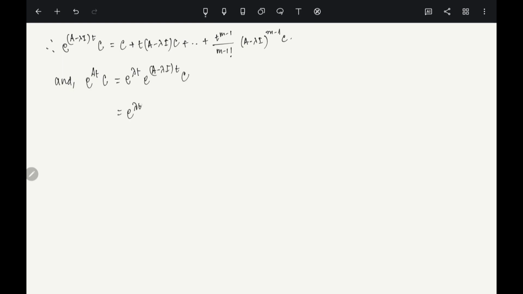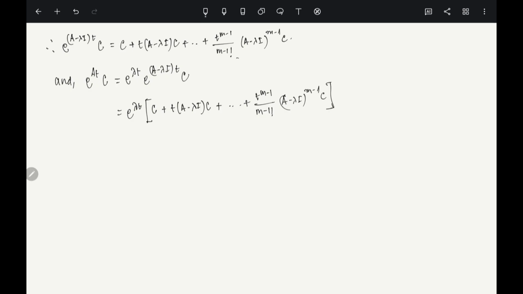It is e power lambda t, and then I have the vector c plus t times (A minus lambda I) times c, plus it will go on, and I have this last term, t to the power m minus 1 over (m minus 1) factorial, (A minus lambda I) to the power m minus 1 times c.